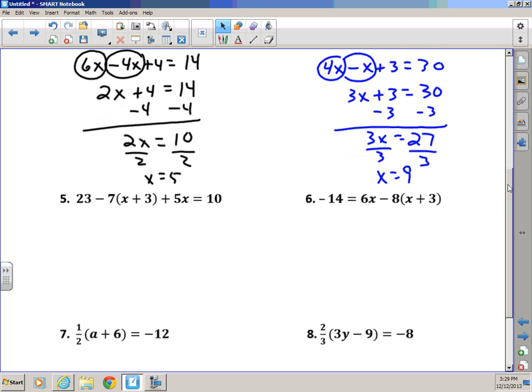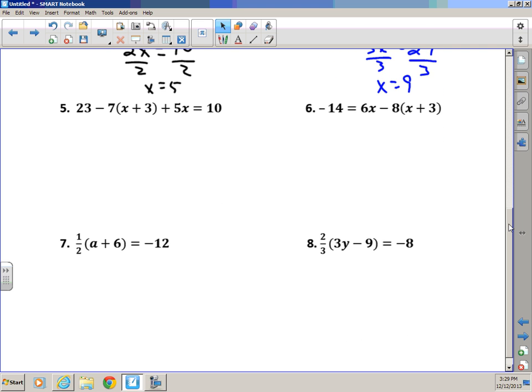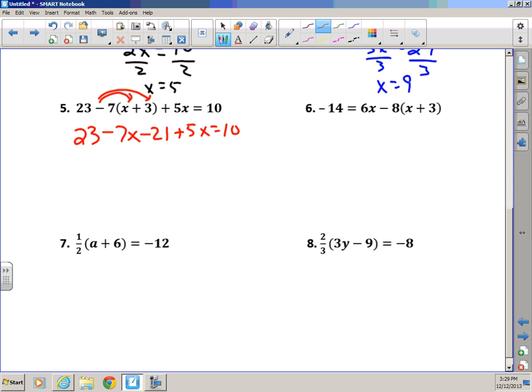Going to the next one. I am distributing a negative 7. Again, common mistake. Don't forget to bring down the 23. You're distributing a negative 7. It becomes negative 21. Now I have two sets of like terms that I want to combine. 23 and negative 21, negative 7x, and positive 5x.